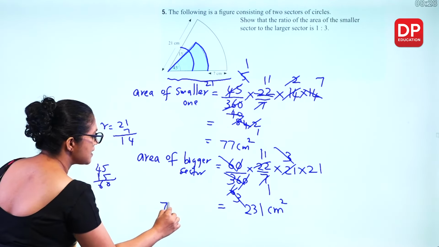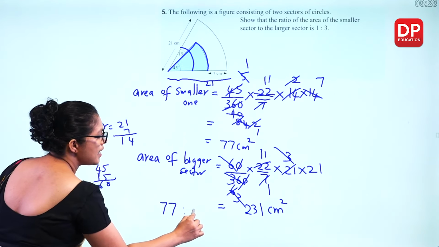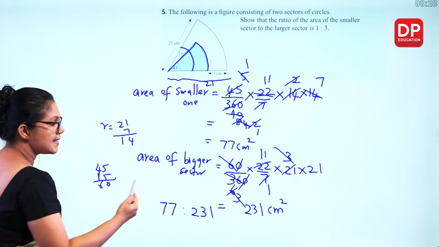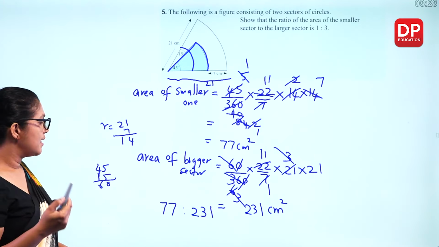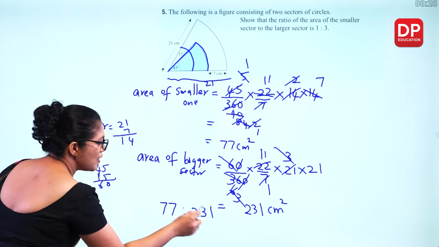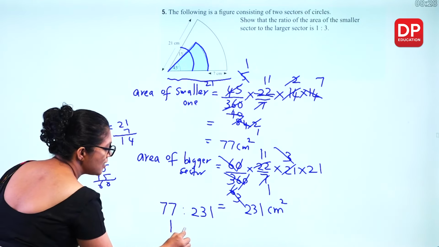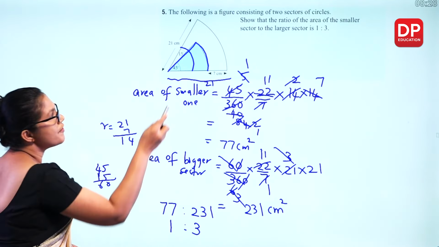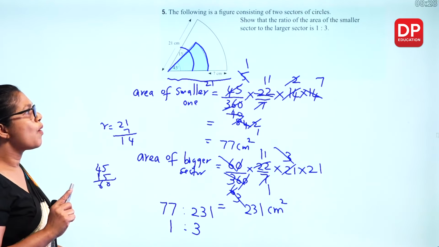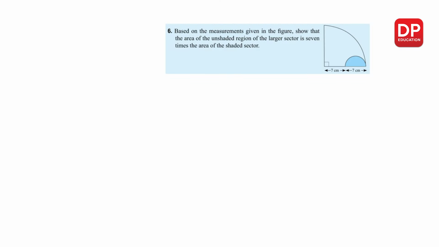Smaller one is 77, bigger one is 231. So when you multiply 77 by 3, what do you get? 231. So when you simplify, you get 1, 2, 3. So the ratio between the smaller sector to the bigger one is 1 to 3.